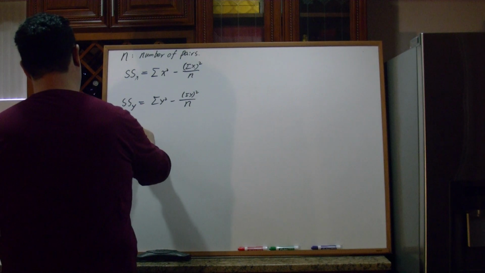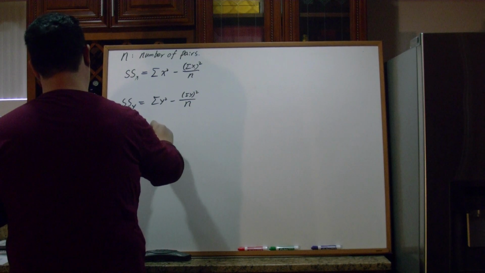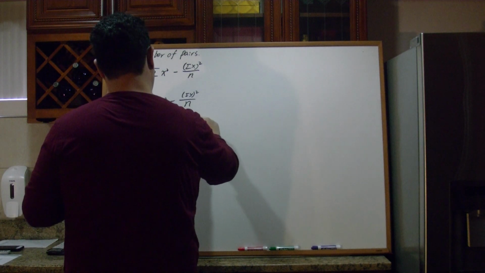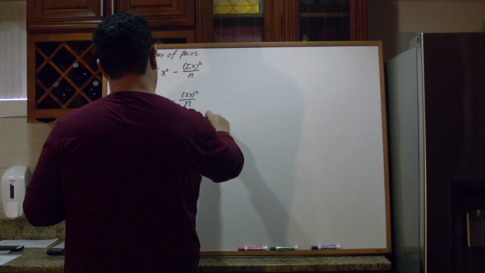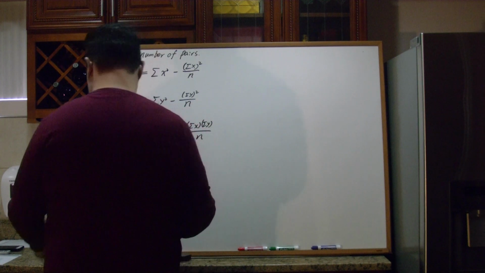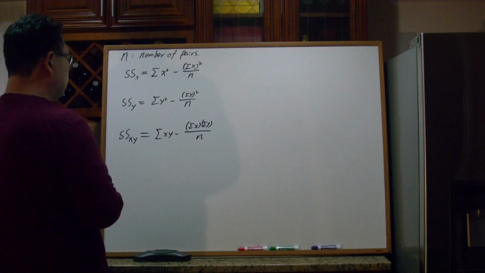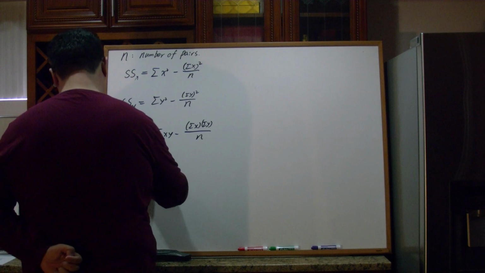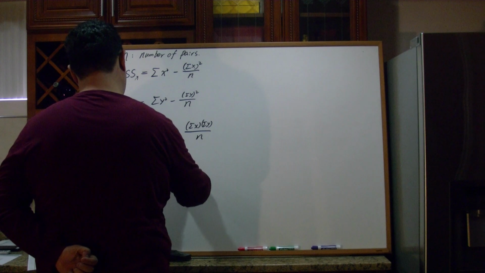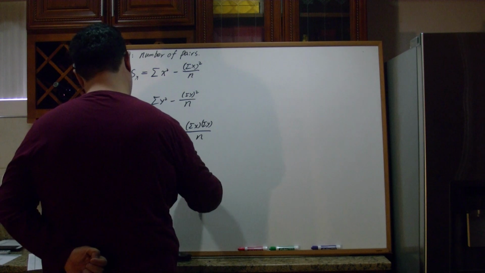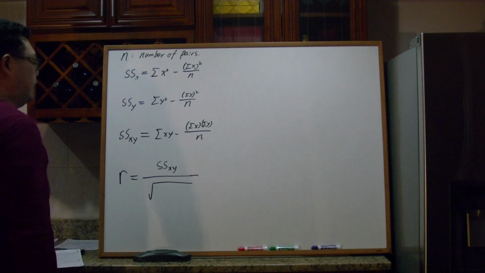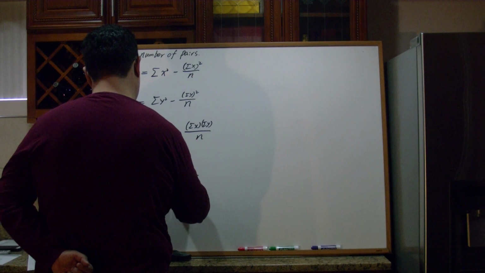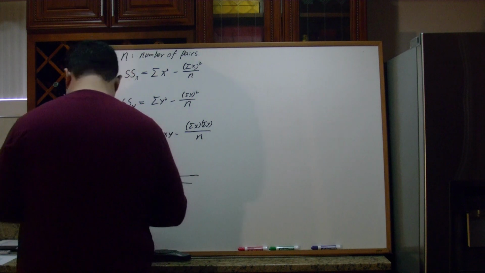And the sum square error of xy, the interacting term, is the sum of xy minus the sum of x times the sum of y over n. The r value will be the sum square of xy over the square root of sum square of x times sum square of y.